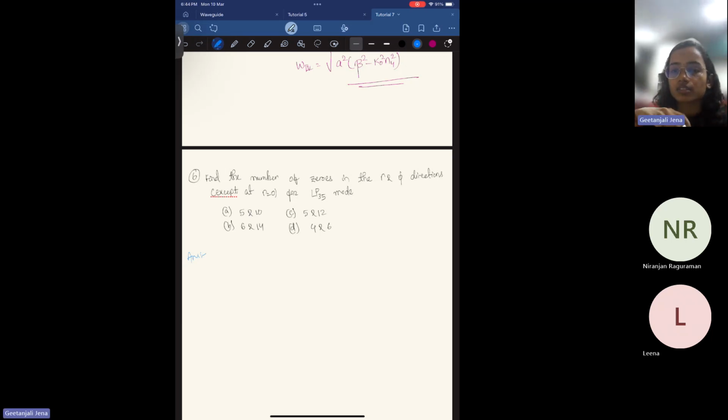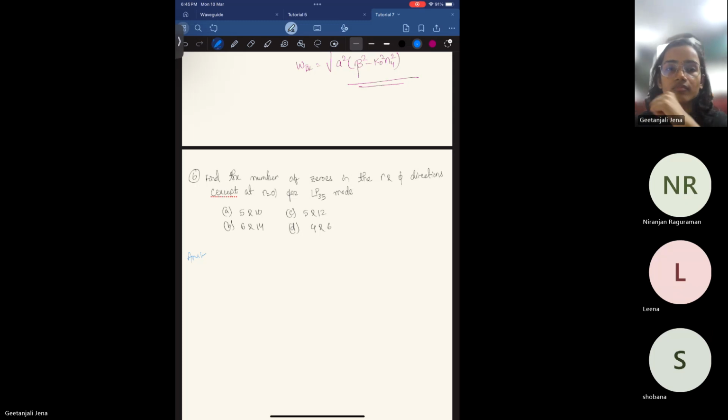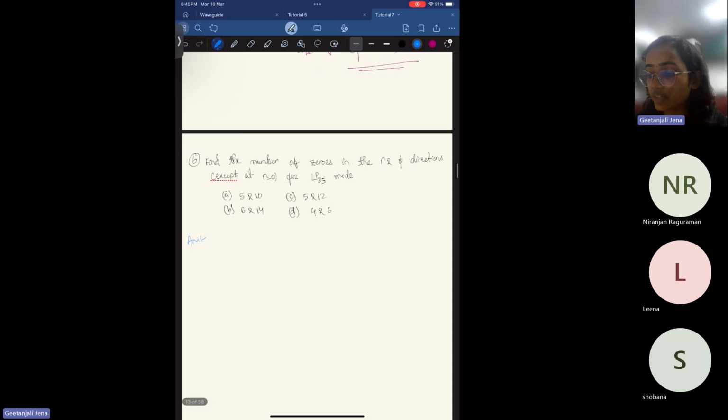Please go through the question once. So the next problem is to find the number of zero values in the r and phi directions, except at r equal to 0, for the LP35 mode.